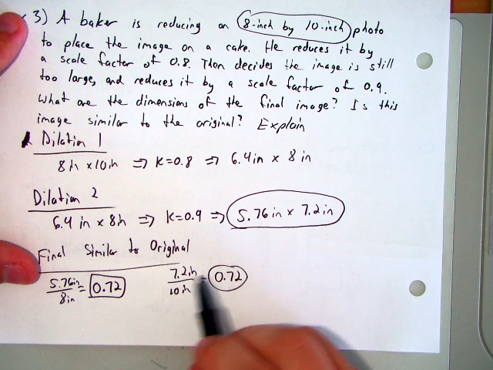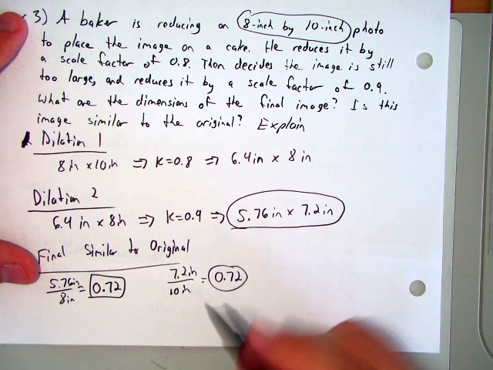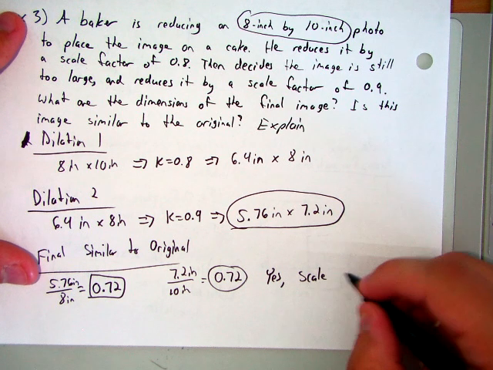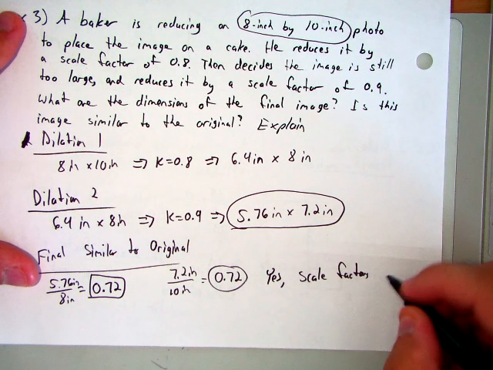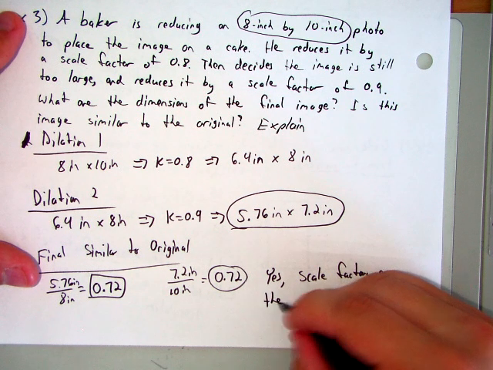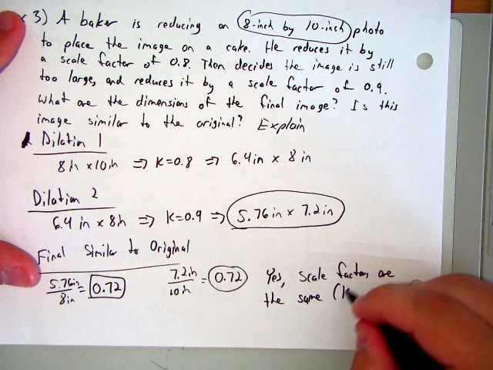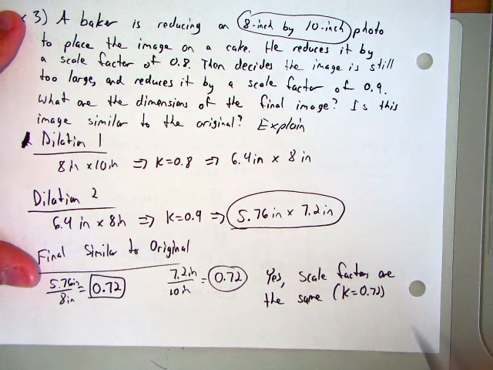They are the same scale factor, which means that they are similar. So yes, because the scale factors are the same, and we can say that k equals 0.72.